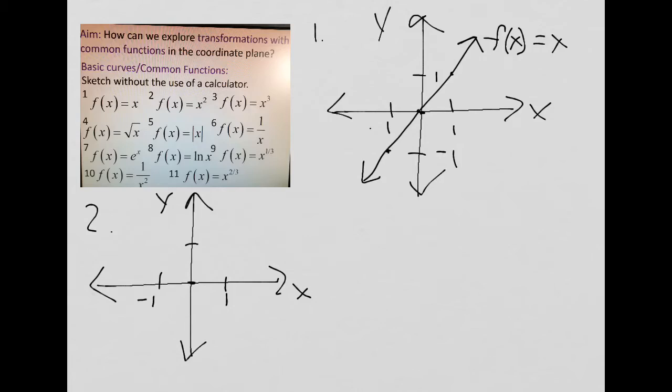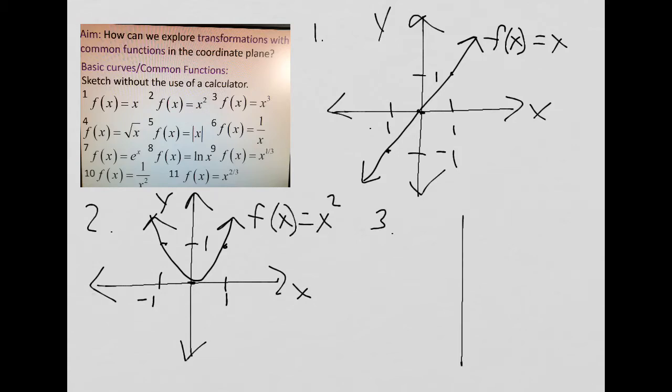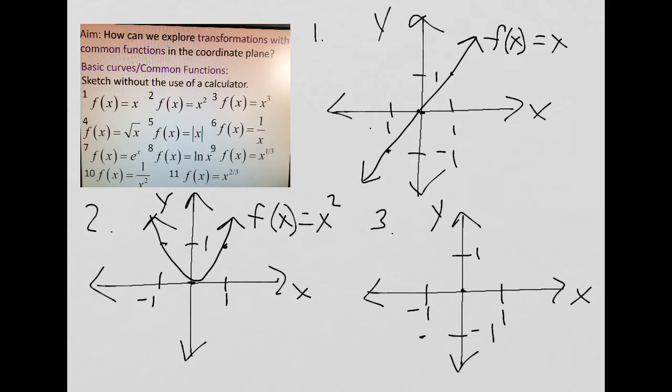Okay, so for a sketch of number 2, you need these 3 points. It's a nice even function. And for number 3, we need these 3 points to sketch its graph.